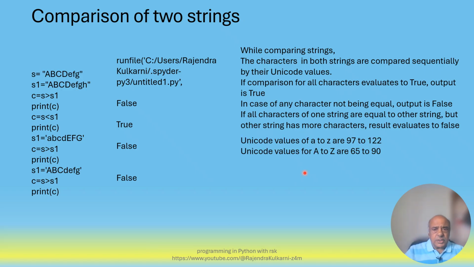Unicode values of small a to z are 97 to 122 and Unicode values of capital A to Z are 65 to 90. So small caps will always have a higher integer value as per the Unicode scheme than the characters which are in capital letters.